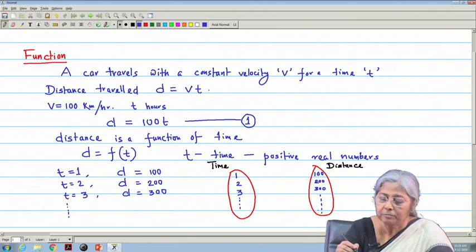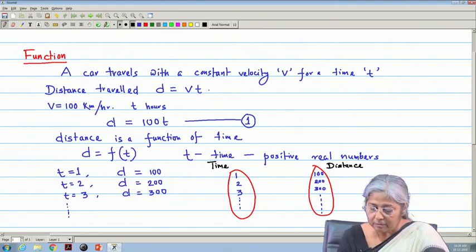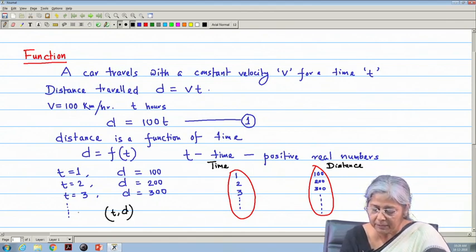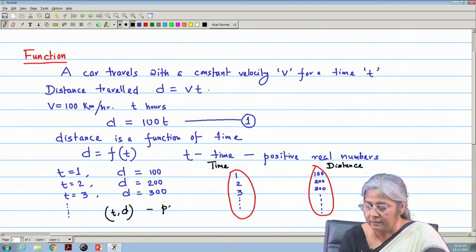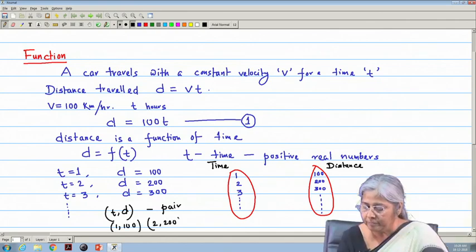So, now if I connect, that means it will be a pair, a t, d pair, and that pair will be (1, 100), (2, 200), (3, 300), in that way it will go.